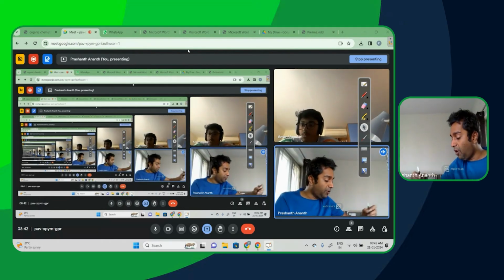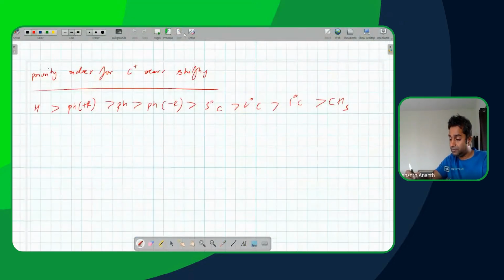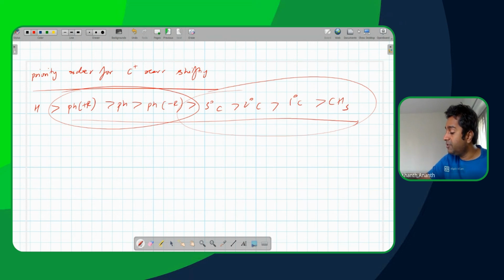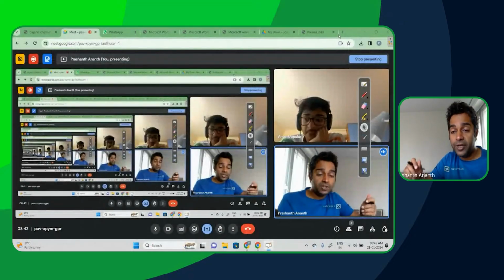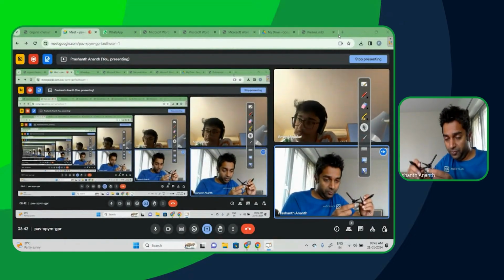That is the priority order here, which talks about this part, same as this part over here. This entire part is based on the fact that whichever bond has more electron density is going to be more strongly attracted by this particular sp2 carbon, which will pull it up.